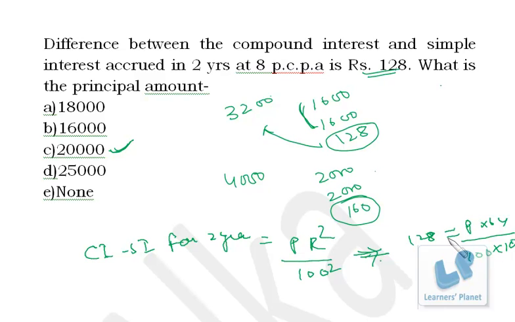So P is 20,000. You can use this formula also. But in case of 3 years or 4 years or more period, it will be difficult to use. So you need to be conceptually clear exactly what compound interest is. That is nothing but interest on interest. So the direct formula can be used, you can go this way also.